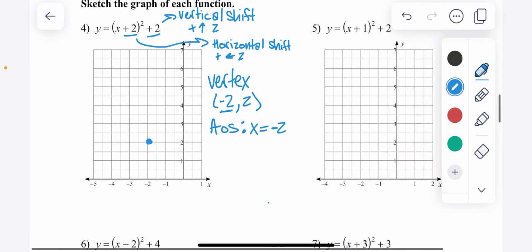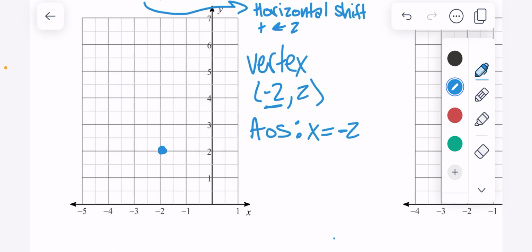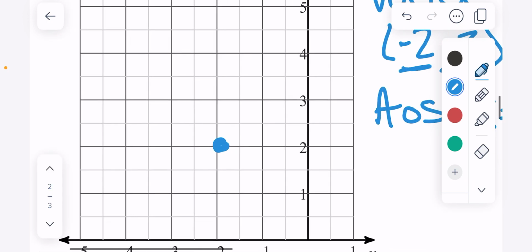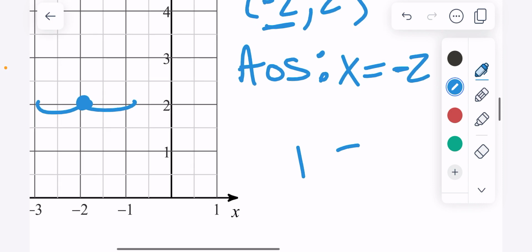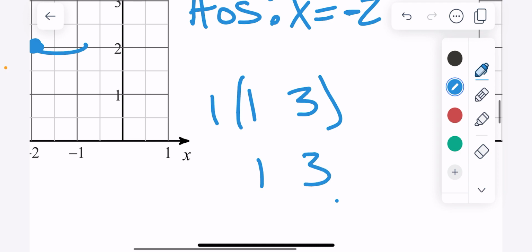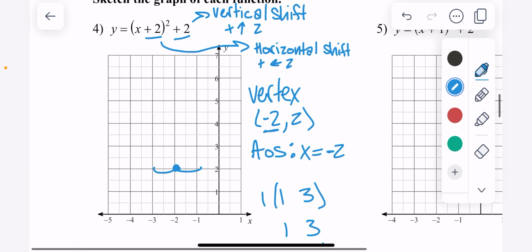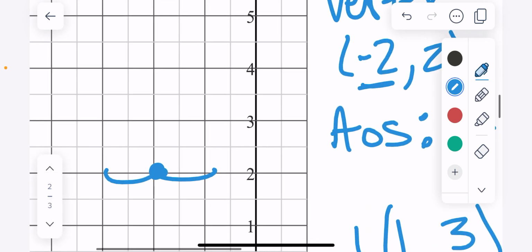All right, so now we can go ahead and graph it. We need to do the 1, 3 method. The number in front was 1 again, so it's just going to stay 1, 3. So always left, right, 1, up 1 for the first one. Always left, right, 1 again.